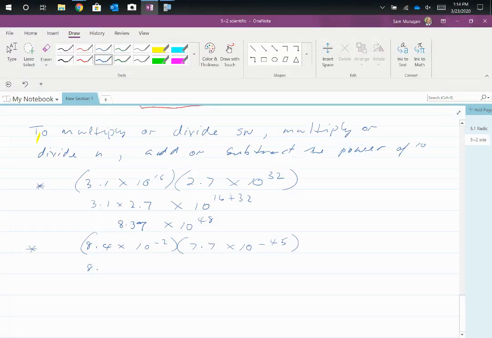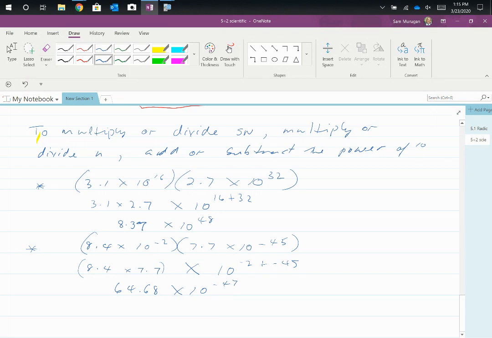So this is 8.4 times 7.7 multiplied by 10 to the power negative 2 plus negative 45. 8.4 times 7.7 is 64.68 times 10 to the power negative 47.